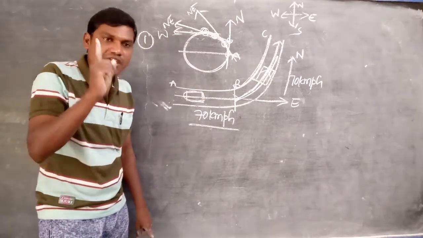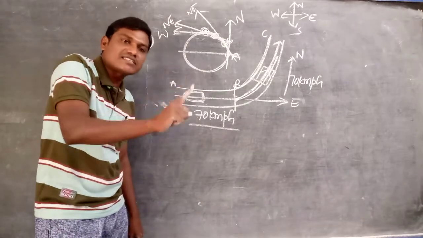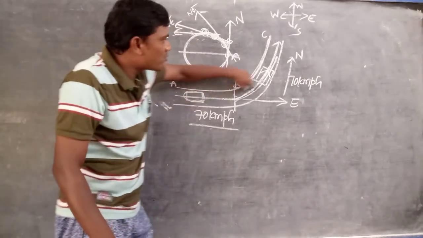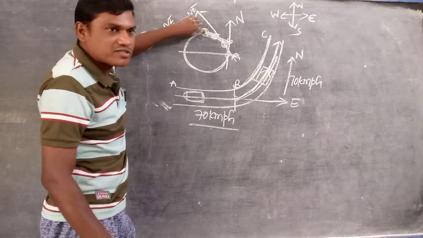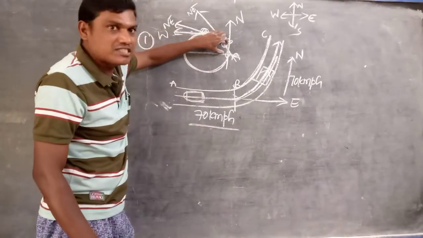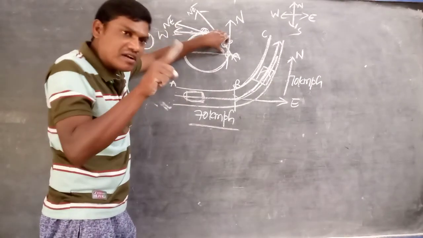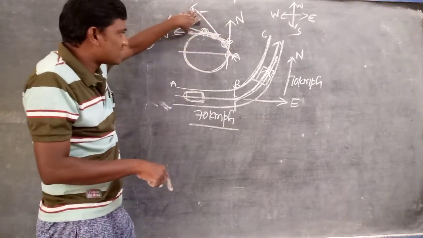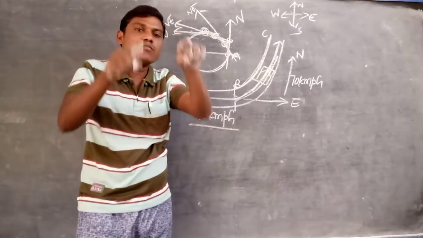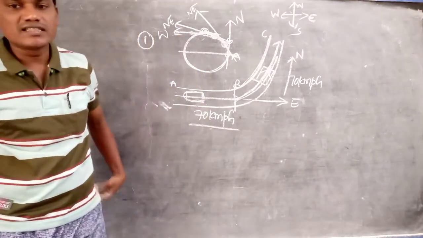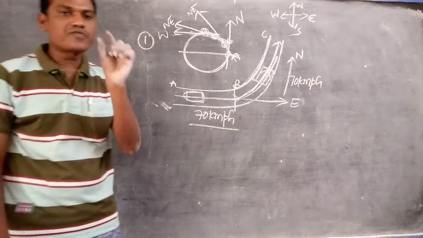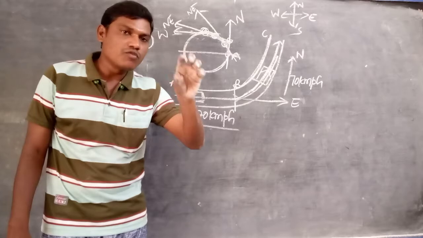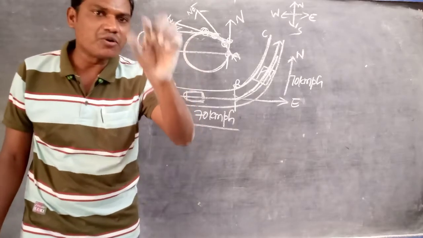Constant velocity means a body covers equal distances in equal intervals of time in a specified direction. But in a curved path, the magnitude is the same, meaning the body covers equal distance in equal intervals of time, but not in the same direction. Direction changes, so the body is not moving with constant velocity. Your friend says a car at a curved path moves with a constant velocity of 70 kilometers per hour.